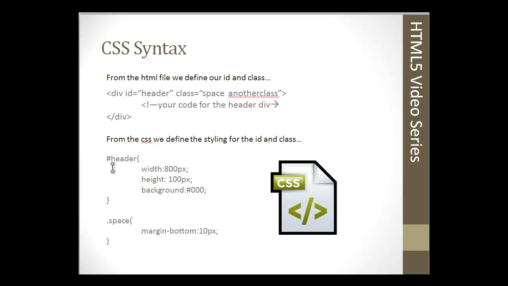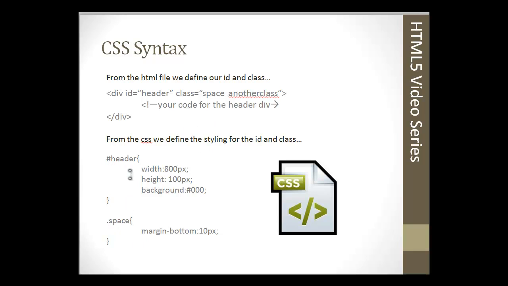Now the most important thing to know about IDs and classes is that an ID uses a pound sign and a class uses a period. That's pretty much the only thing that is different. The styling is the exact same. You just always want to remember an ID is pound and a class is a period.